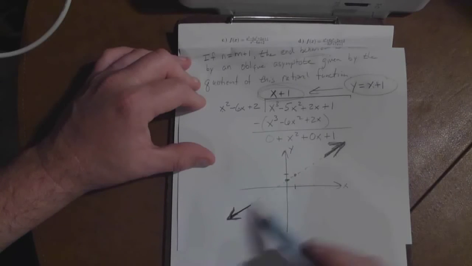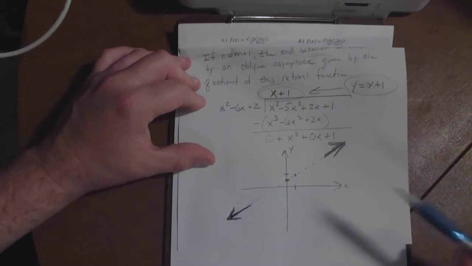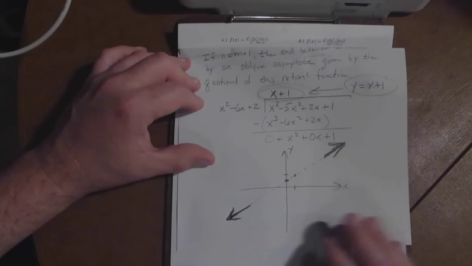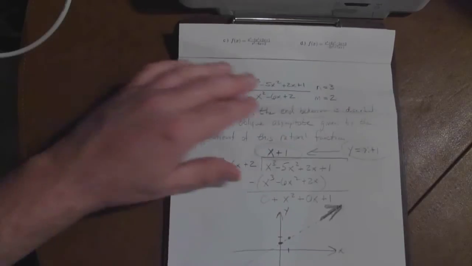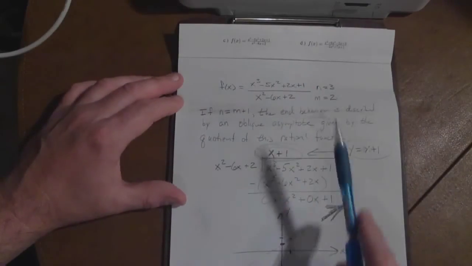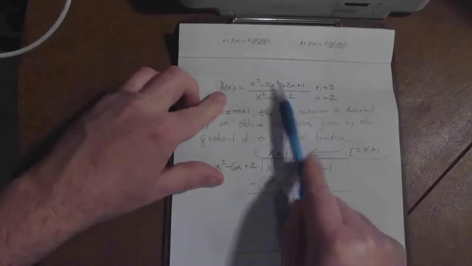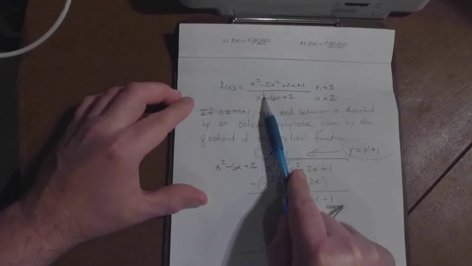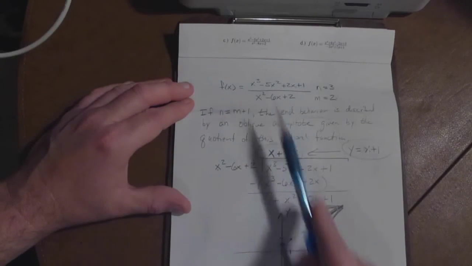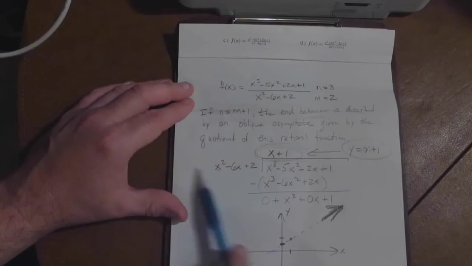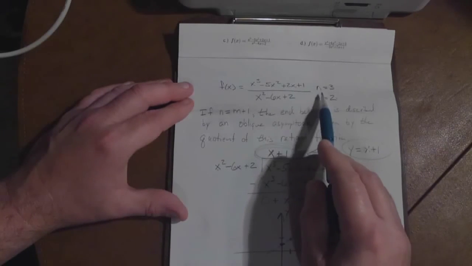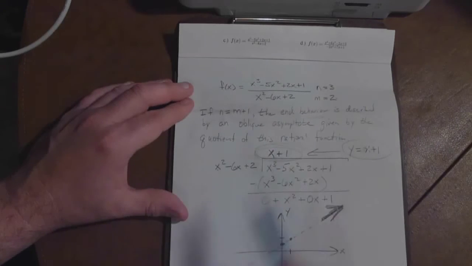And these two ends of this oblique asymptote are going to describe the end behavior seen in my rational function. So again, that goes back to the case where n, the degree of the numerator, is 1 more than the degree of the denominator. You are going to have to set up this polynomial long division, where I will tell you, folks, when n is 1 more than m, you don't have to do a really heavy long division.